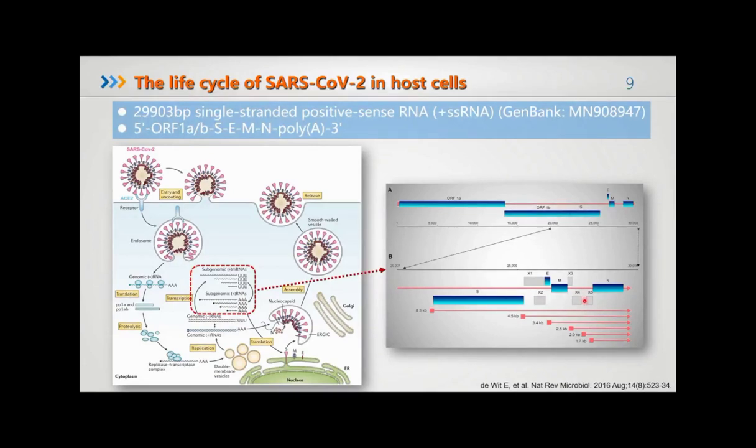The genomic RNA is used as template to directly translate polyproteins 1a and 1ab, which encode non-structural proteins, NSPs, to form replication transcription complex, RTC, in double membrane vesicles. Subsequently, a nested set of subgenomic RNAs, or we call them sgRNAs, are synthesized by RTC in a manner of discontinuous transcription. These minus strand sgRNAs serve as a template for the production of subgenomic mRNAs.